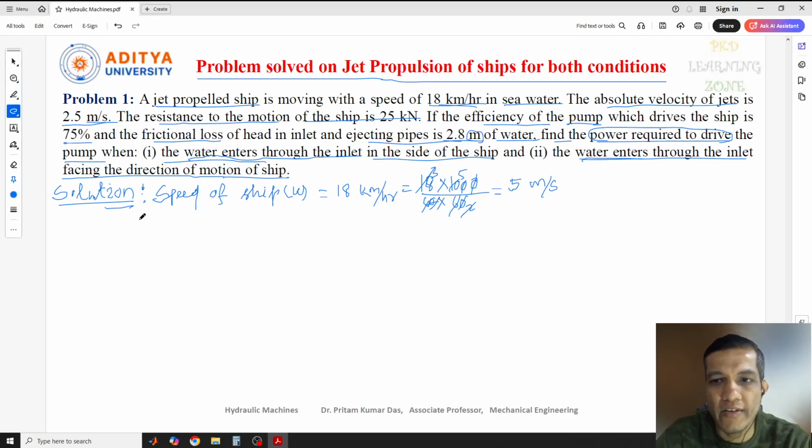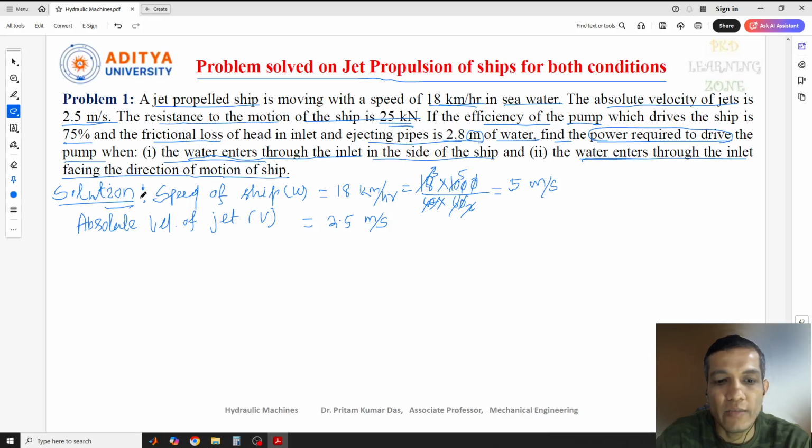The next one is the absolute velocity of the jet. We mark this as V, and its value is given as 2.5 meter per second. The next is the resistance to the motion of the ship, given as 25 kilonewton.